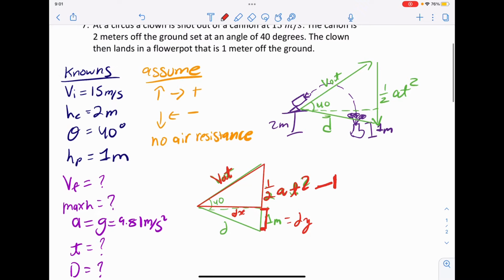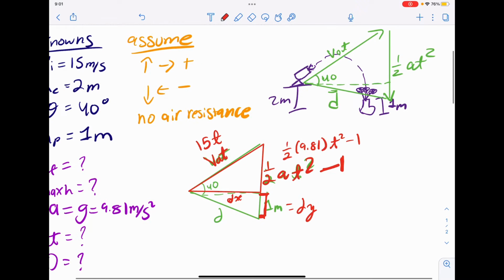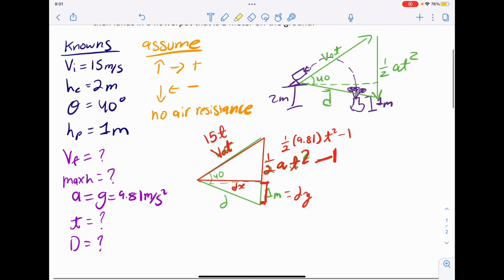So let's go ahead and solve. We know that our V initial was 15, but we don't know our time. Half is just a number. 9.81 is our acceleration. Then we have t squared, which we don't know, minus 1. And we don't know our dx. So let's see our unknowns.